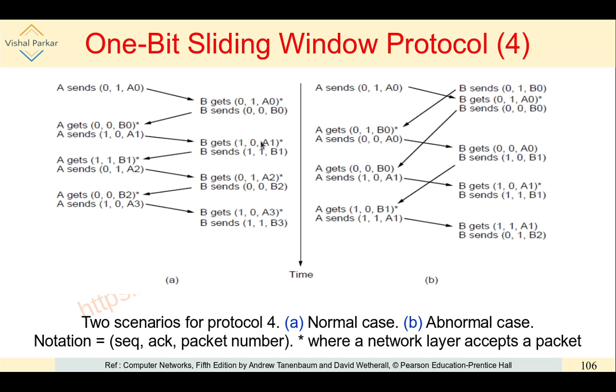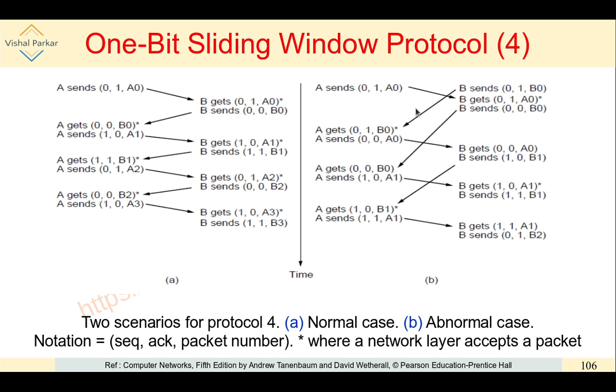That's why the contents, that is A1, is given to network layer, and the same things go on. The point here is that you can see that most of the frames are accepted by the network layer. So effectively, there are no duplicate frames and no wastage of bandwidth.